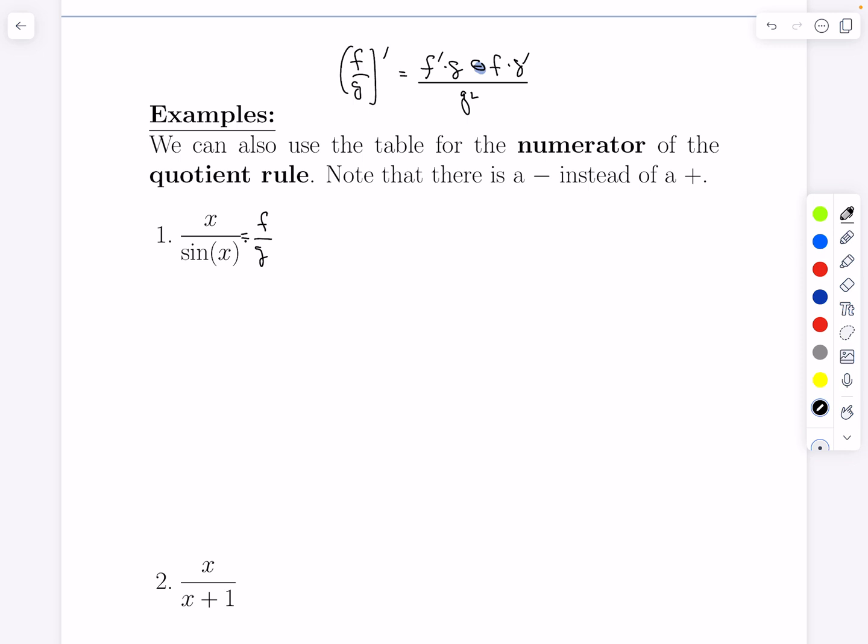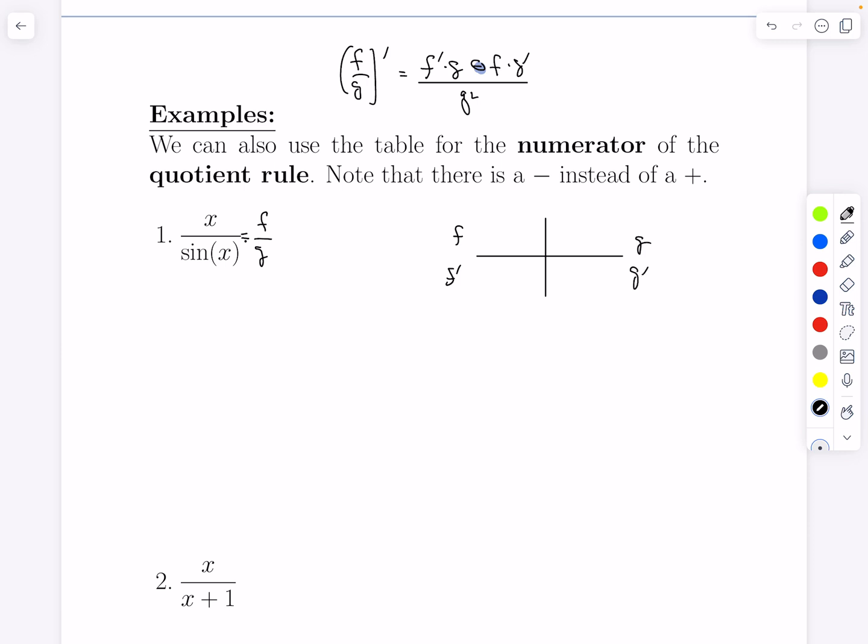And again, we can use the table, but then we have to modify it a little. So here's F prime. We need all that. We need G and G prime anyway.